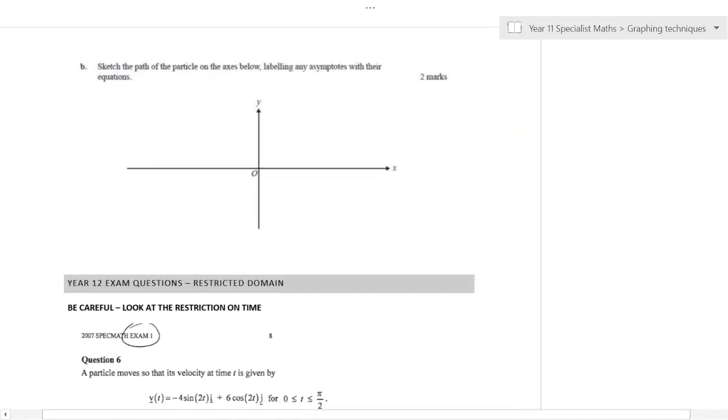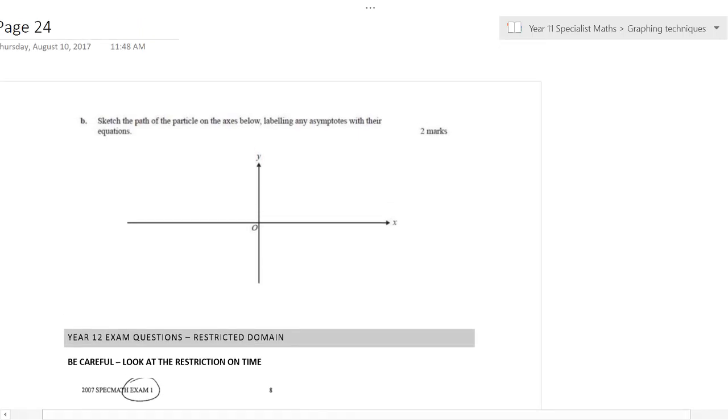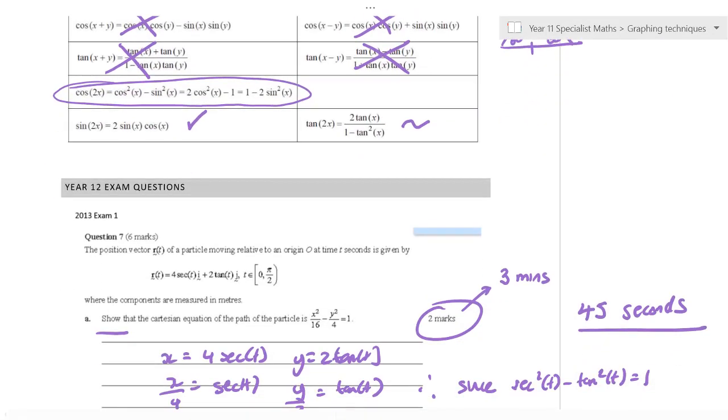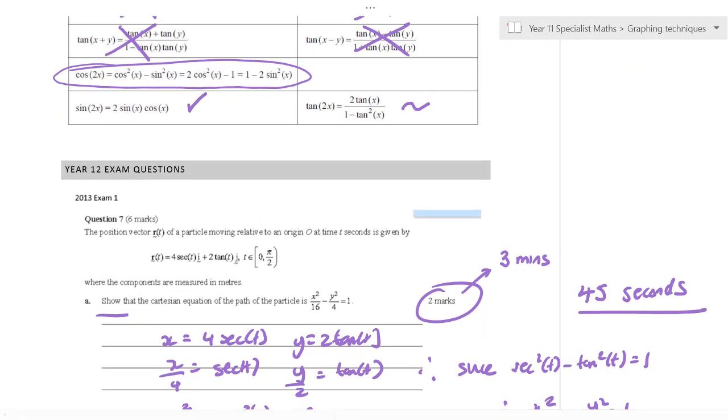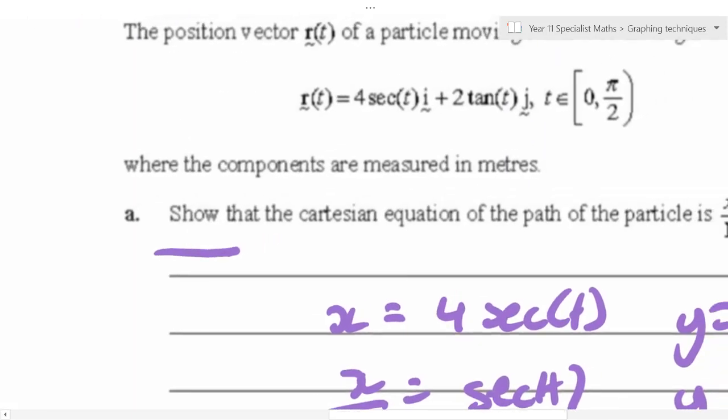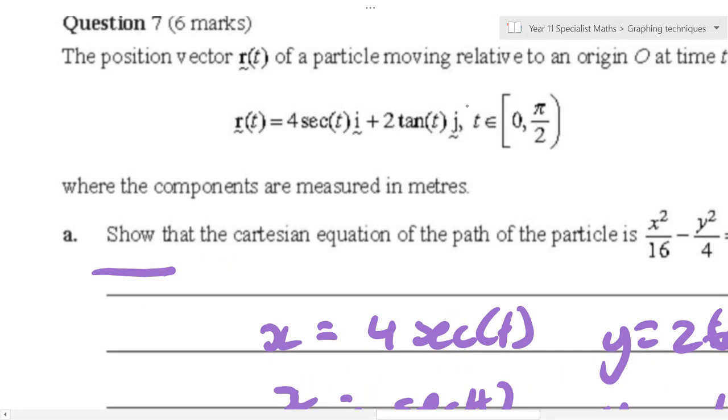Now, it says sketch the path of the particle. Ooh, 2 marks. Now, here's the deal, right? What does it say about our parameter? Okay. Yes.